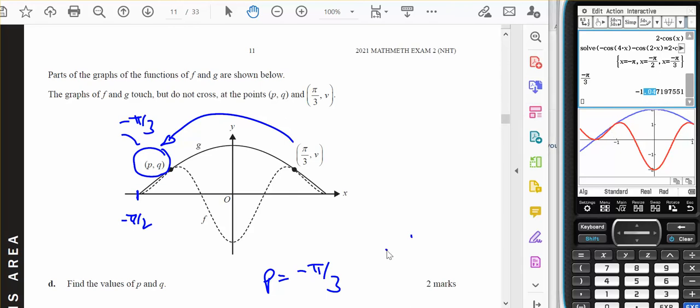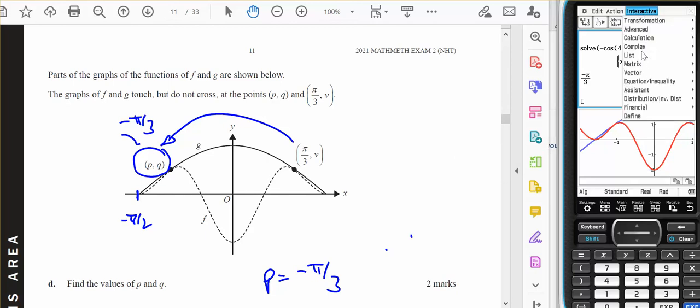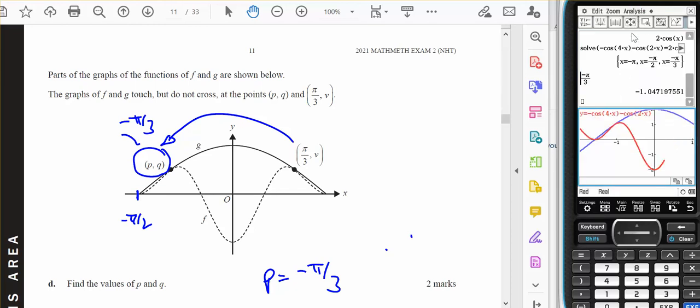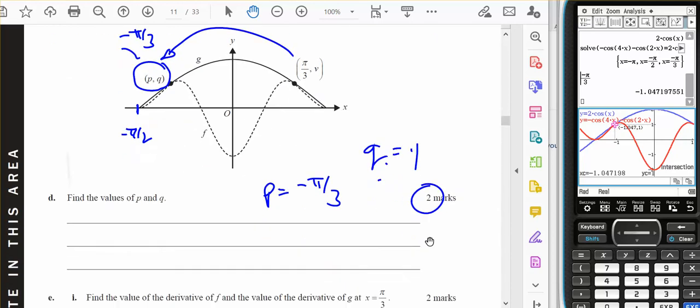So that's minus pi on 3, and if I do that interactive intersection, the y value is 1. So Q equals V, which equals 1. So that's those two marks.